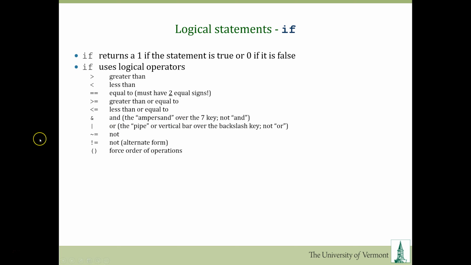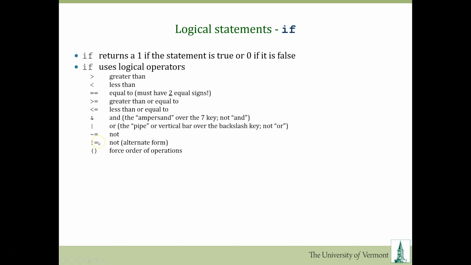There's also 2 ways to say not. I want everyone who is not from Vermont. We could say squiggle not. And that tilde sign is to the left of the number key, of the number row on the keyboard. And then another not is exclamation not or bang not, and they both work the same way.